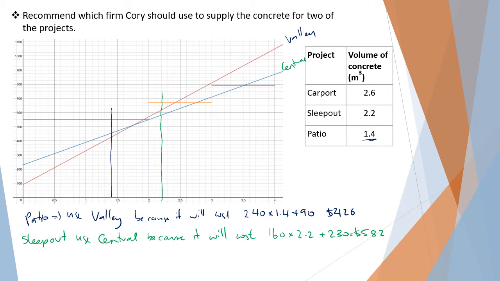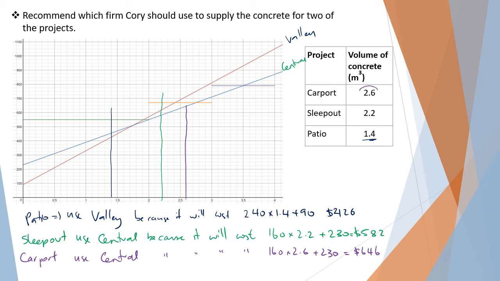And the last one, the carport at 2.6, which is just here, is again still Central, and that will cost 160 times 2.6 plus 230, which is $646. Okay, so that's where you're going.